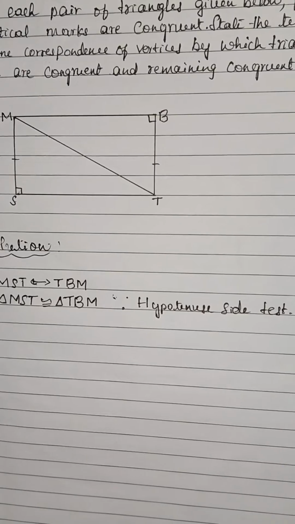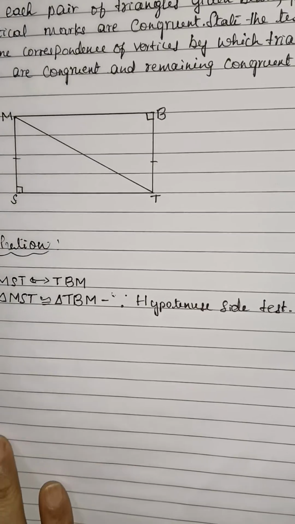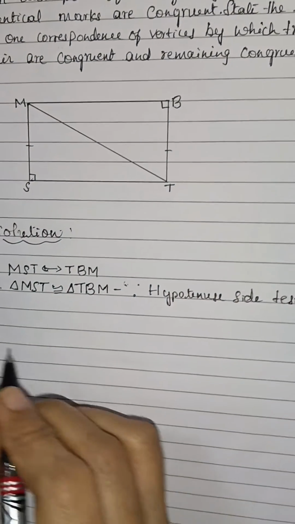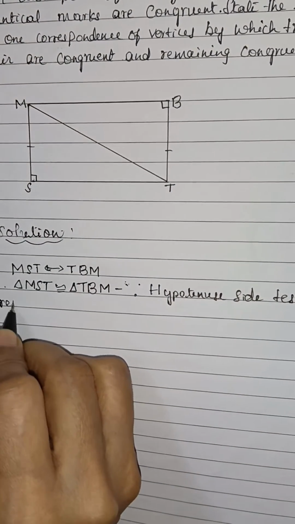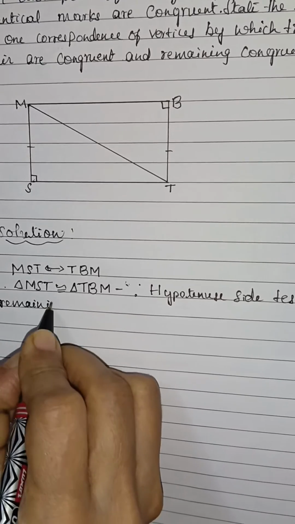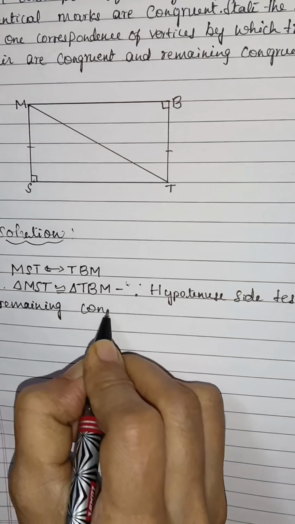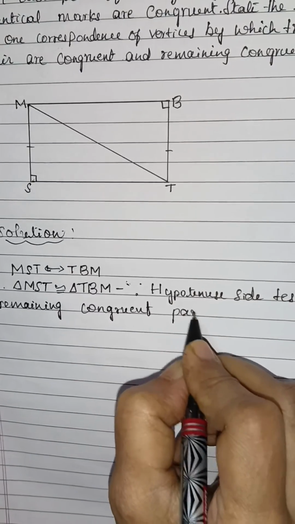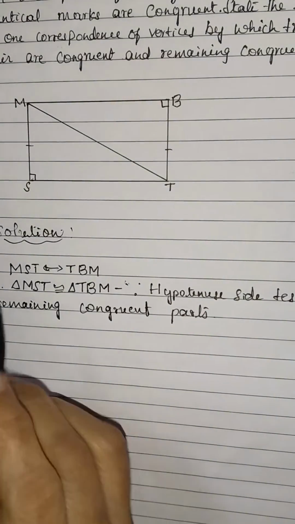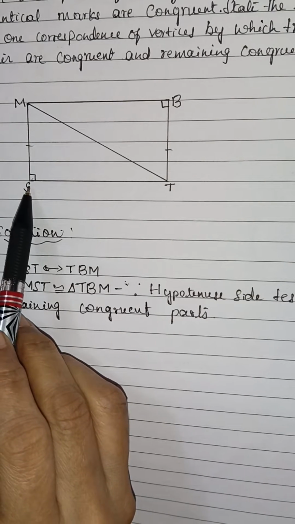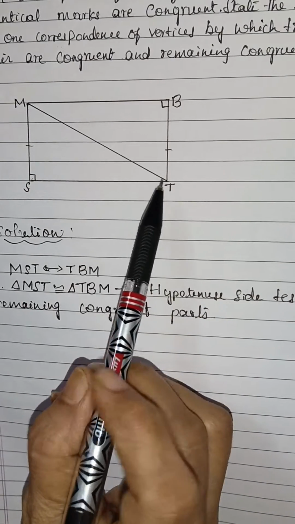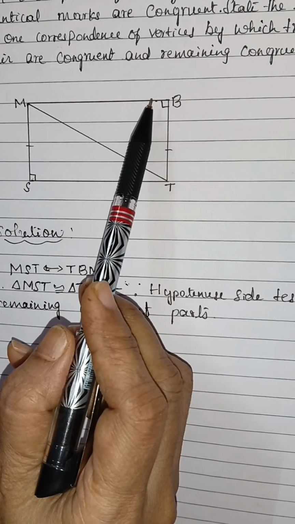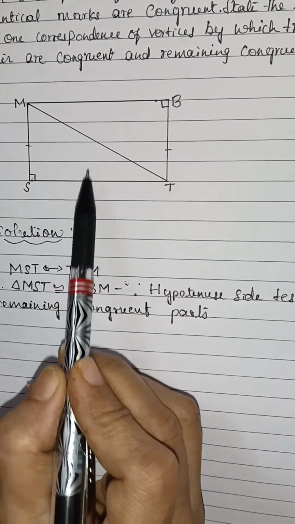And now the remaining congruent parts. In this, side ST is congruent with side MB because they are corresponding sides of congruent triangles.